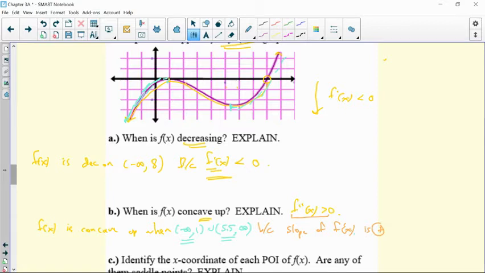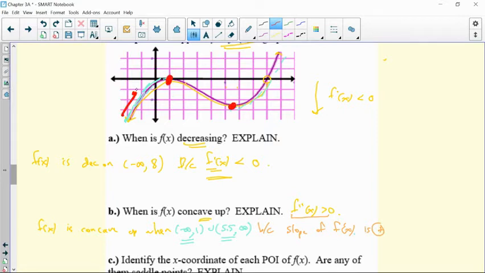Identify the x-coordinate of each point of inflection. Are any of them saddle points? So we want to know, when does the second derivative change signs? And if the second derivative is measured by the slope of the first derivative, then we can see that we change signs here and here, right?